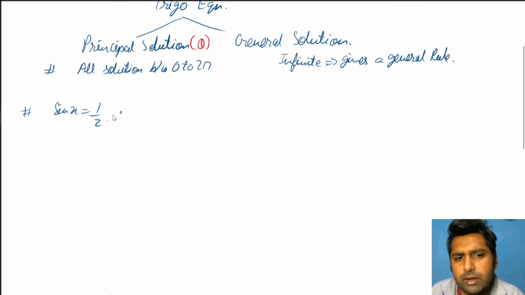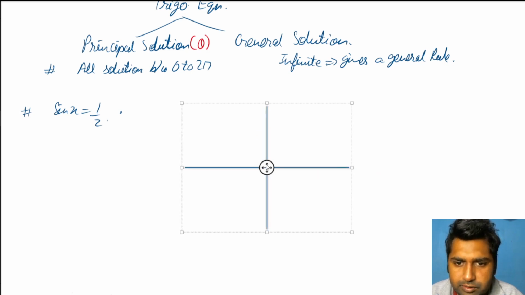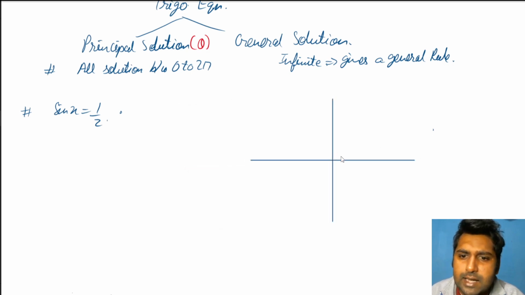We know the basic one, that is 30 degree, that is pi by 6. So every time you are going to find a solution, first of all, in order to find positive or negative values of sine and cos, always make the x-axis and y-axis. Let's write the general idea that x is, we know, 30 degree. First we'll calculate in degrees and then we'll convert into radians.